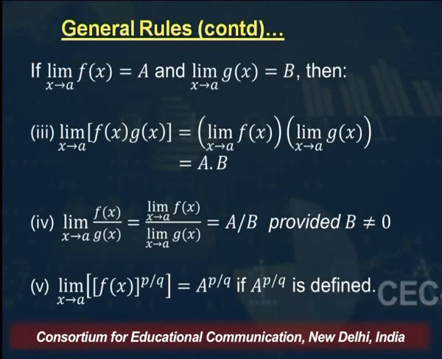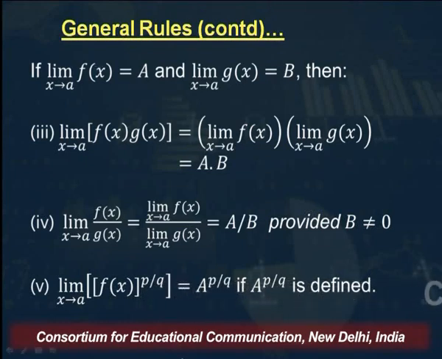But note here that this result holds provided that B is not equal to 0, right? Otherwise we'll get into the territory where things are not defined. Okay, and the final rule that we have here is that the limit of the function f raised to the power p by q as x tends to a is nothing but the limit of the function as x tends to a, the whole thing raised to the power p by q.